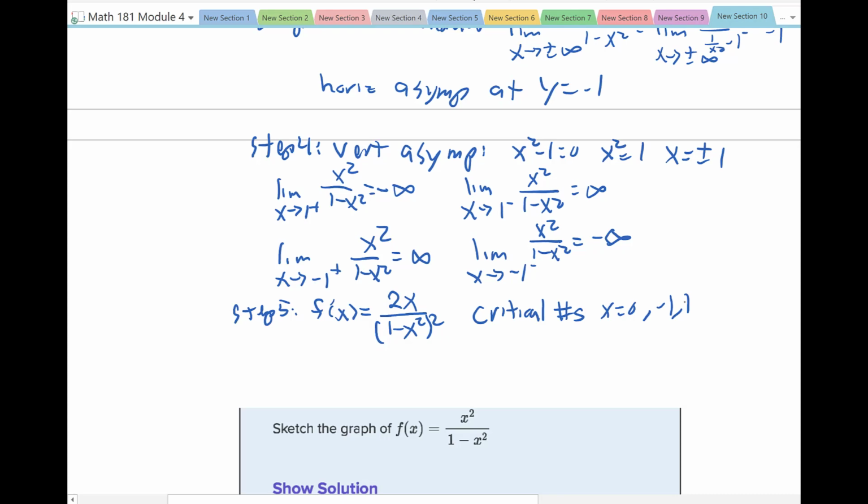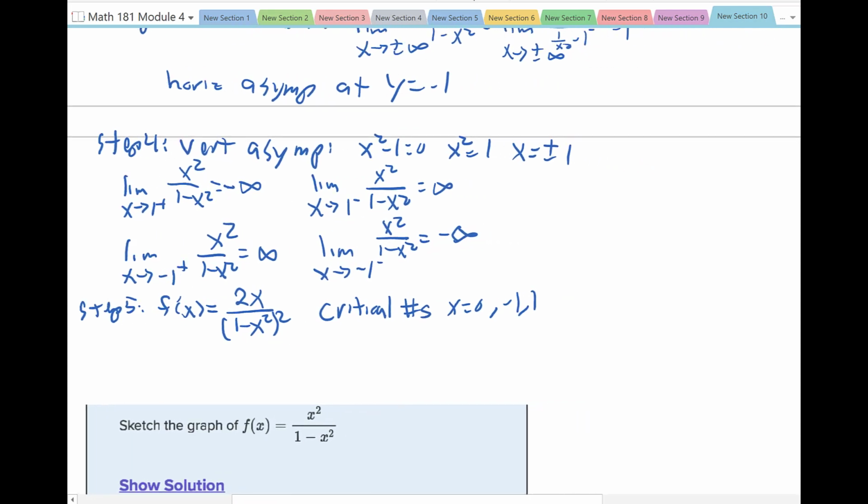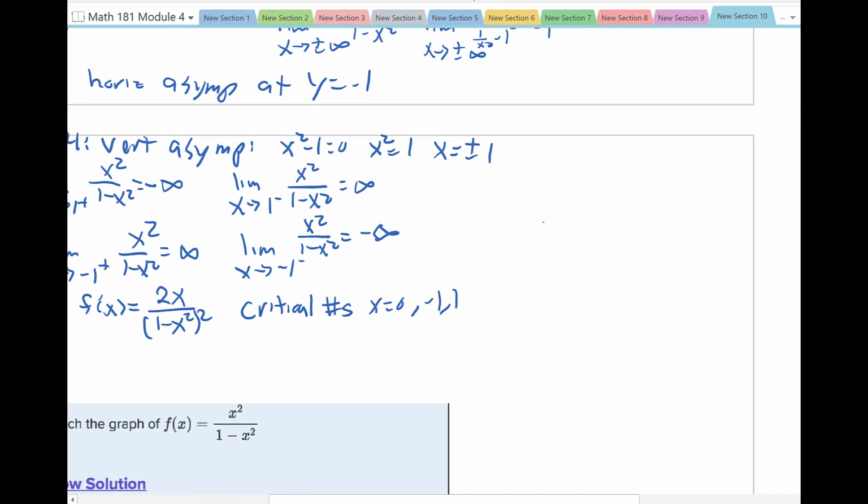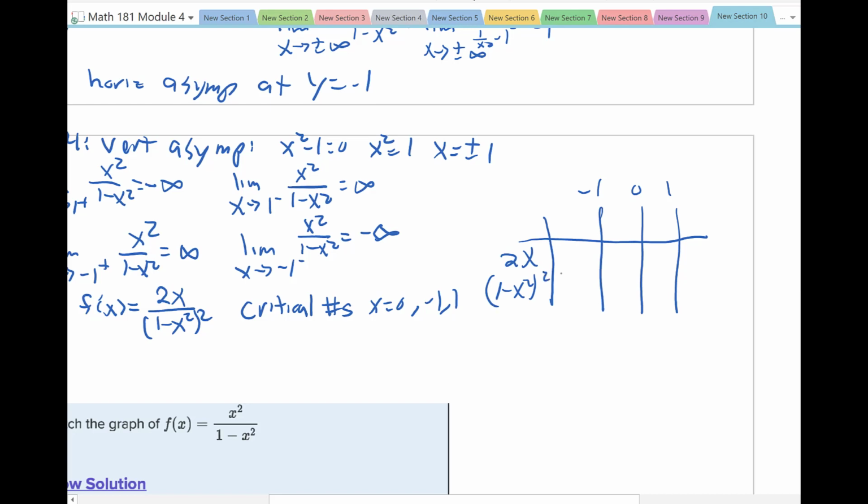So I'll make a little chart here: negative 1, 0, and 1. And then I have the values of the components, 2x, and then (1 minus x squared) squared.